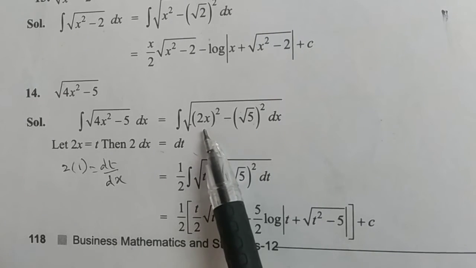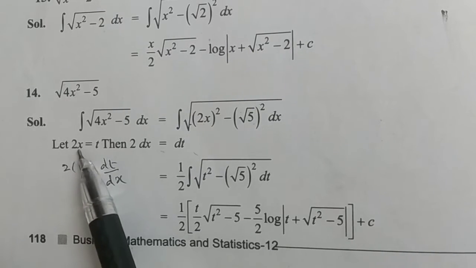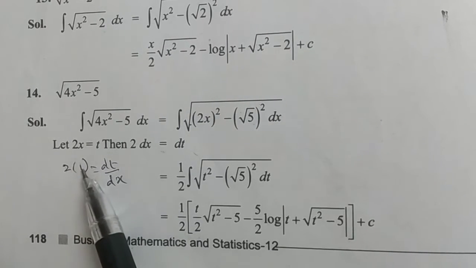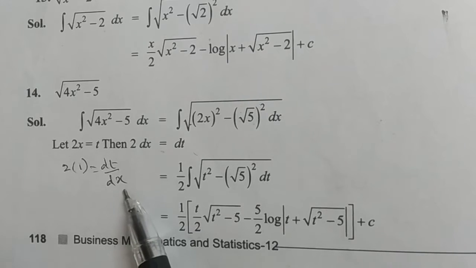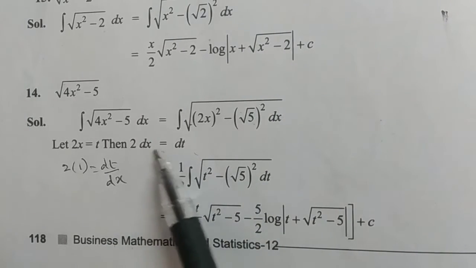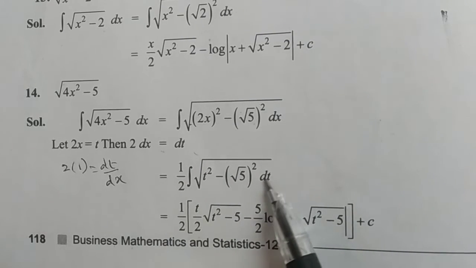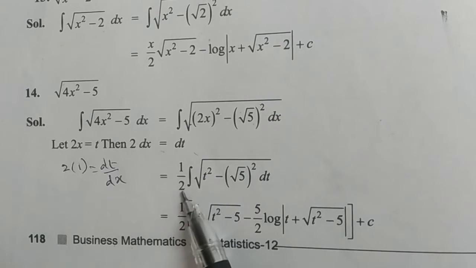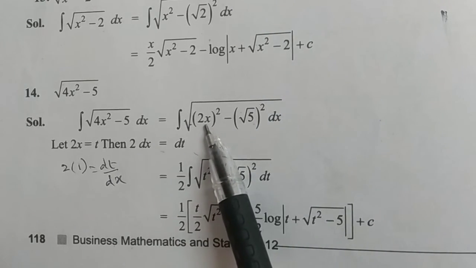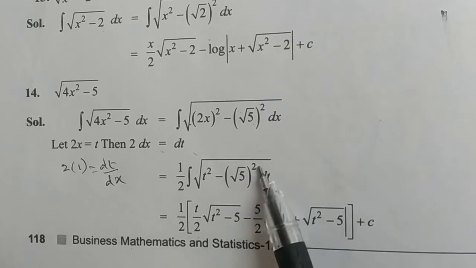Let t equal to 2x, so dt by dx equals 2. Substituting dx value as dt by 2, that 1 by 2 we write here, and the square root of t square minus root 5 whole square.